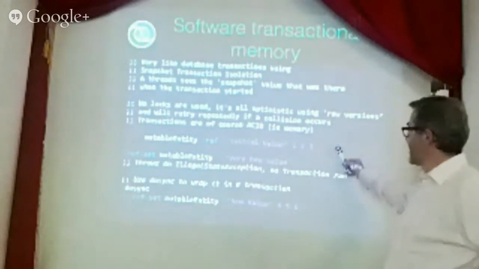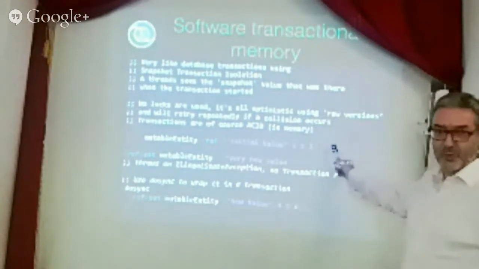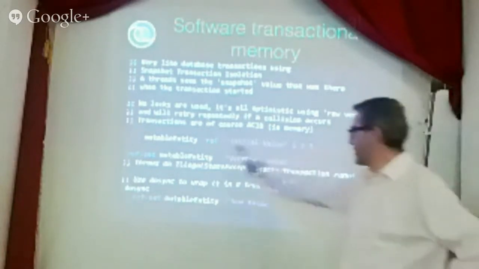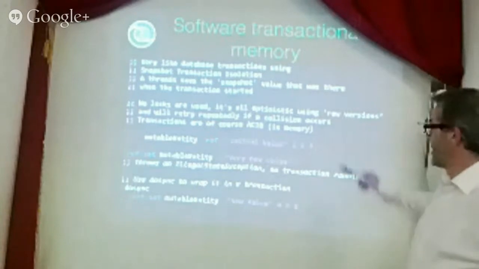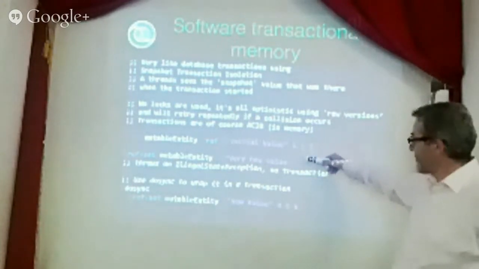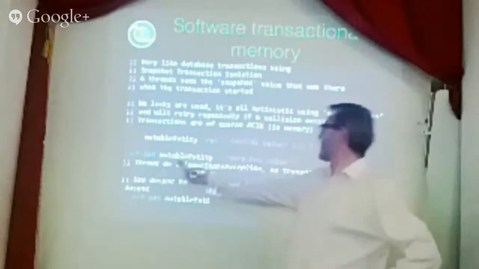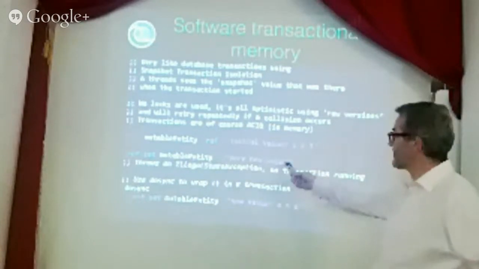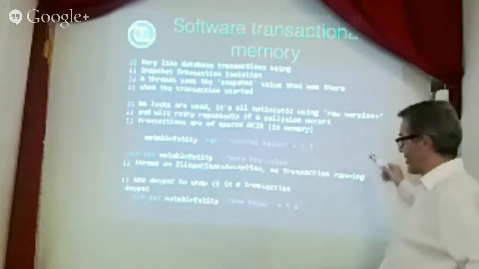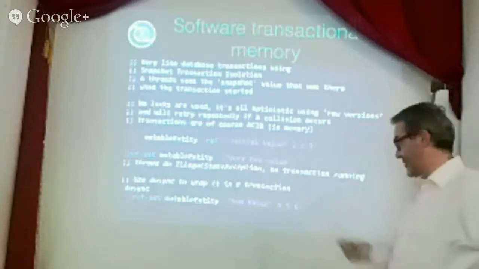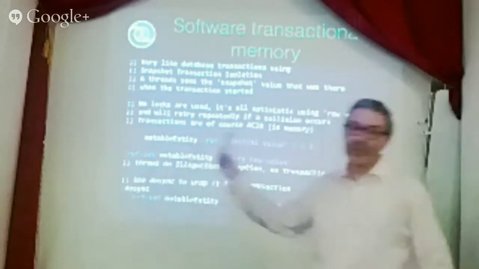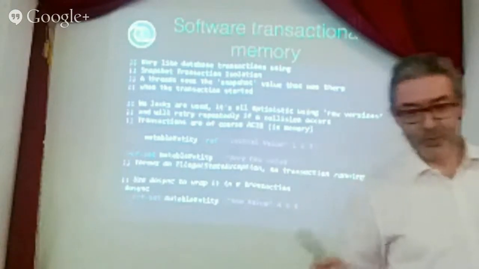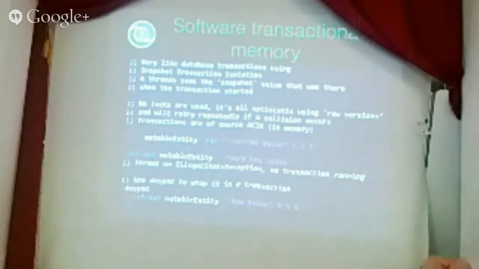You can define something to be a mutable reference by using the def and the ref keywords, and you can then assign it a new value. However, if you just try to set the mutable entity to a new value, it will throw an illegal state exception because you have to do it inside a transaction, which is just wrapping it in a dosync. But the point, of course, is that it actually does do transactions.